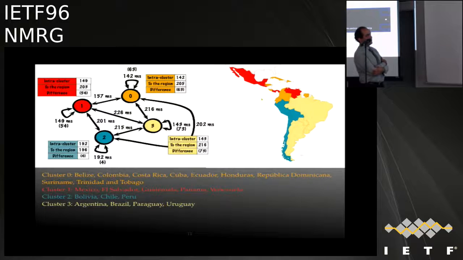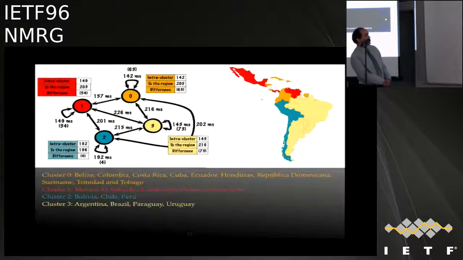But to the outside of that cluster, going to other countries, we have higher latency times. Or cluster number 2, which is Chile, Bolivia, and Peru: compared to the other clusters, their internal and external connectivity isn't too different, and it's not very well connected to the region in that aspect.